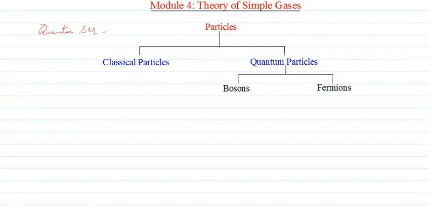So in order to introduce these distributions, we are going to consider a system of non-interacting gas. A system of non-interacting gas is otherwise known as a simple gas in statistical mechanics.